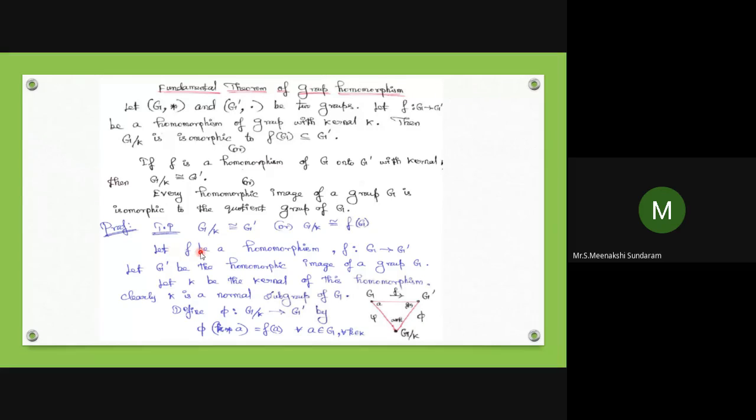First, what is the given statement? Let F be a homomorphism. F is a mapping from G to G dash.